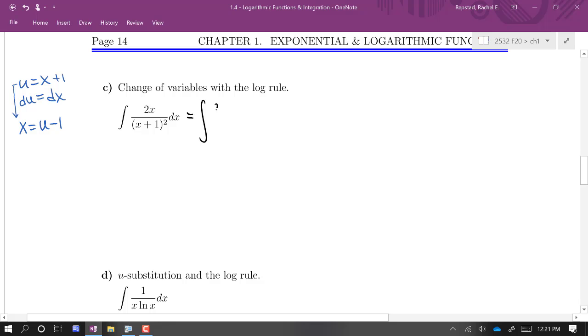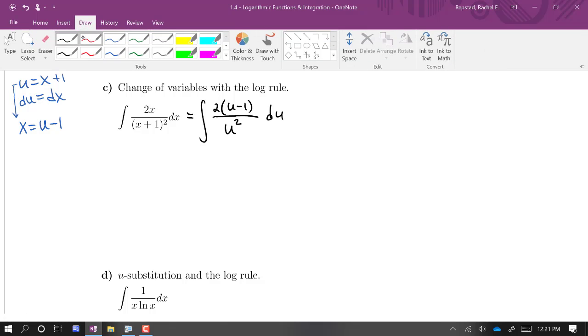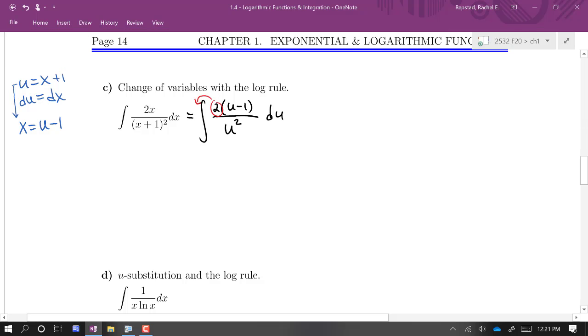I'm going to use these substitutions. 2x is 2 times u minus 1. On the bottom we have x plus 1 squared, and that is u squared, and dx is du. Now we kind of have an algebraic path forward here. I'm going to take this factor of 2 outside the integral. And this u squared in the bottom, I'm going to write that as a factor of u to the minus 2 outside.